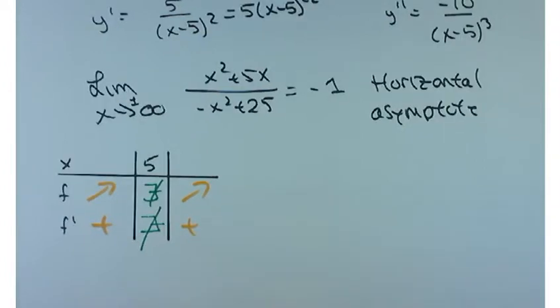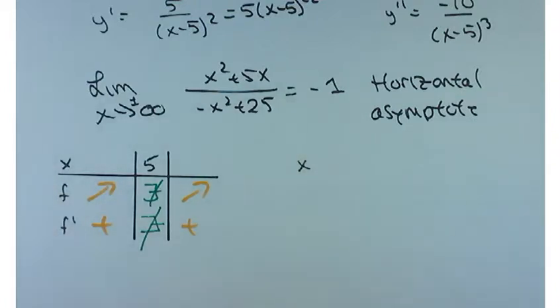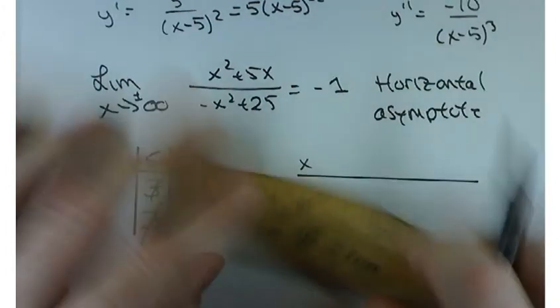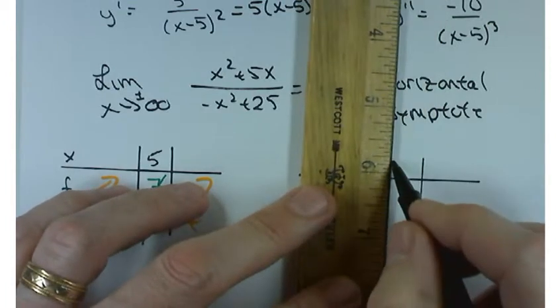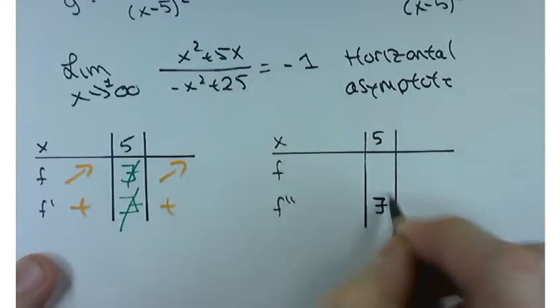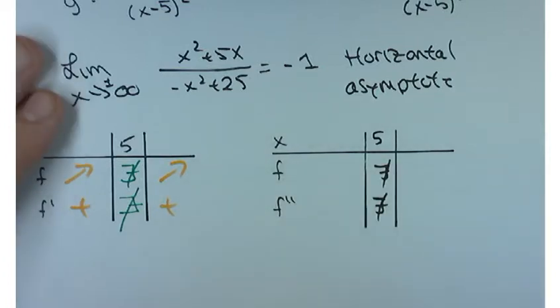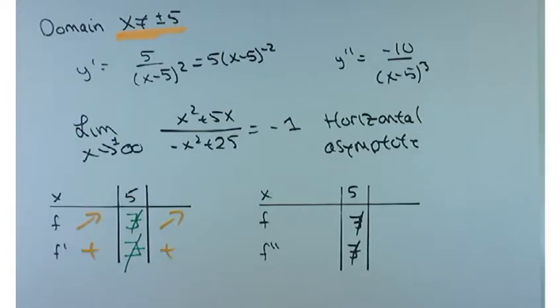What else? Let's work on the second derivative. So second derivative, x, f, f double prime, 5. If we look at the second derivative, and that's this right here, again we can play our game of testing and figuring out signs.